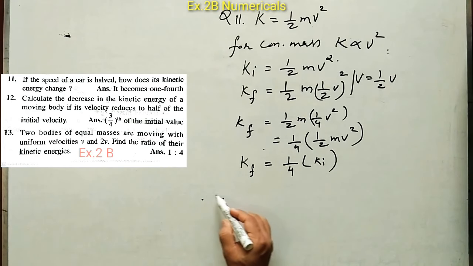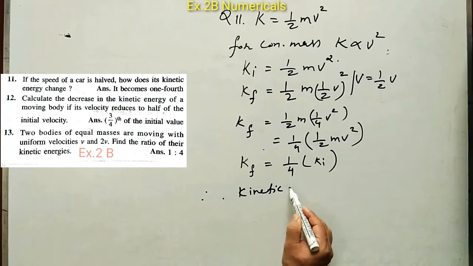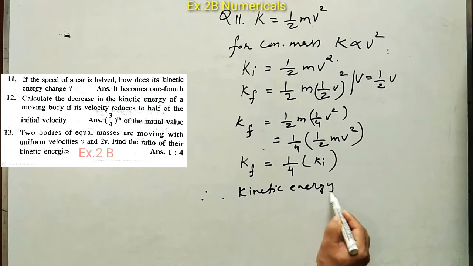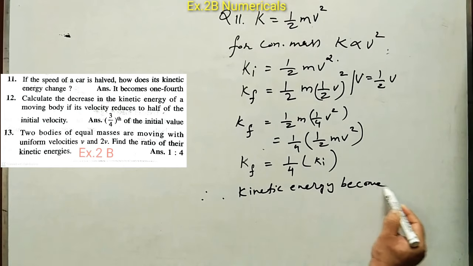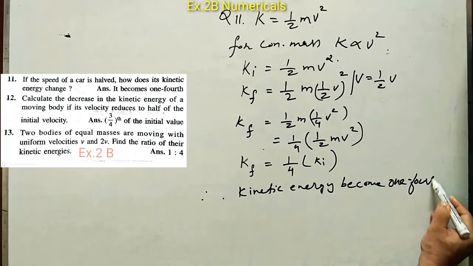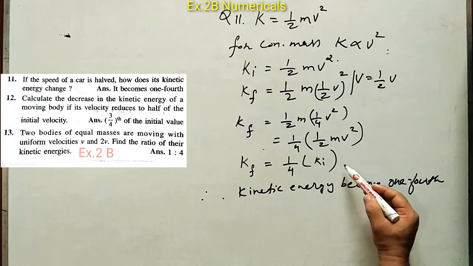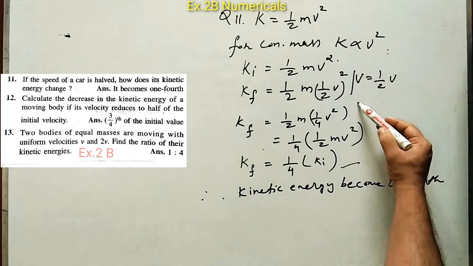So therefore the kinetic energy becomes 1/4 of the initial kinetic energy. Clear? Steps are clear to you?